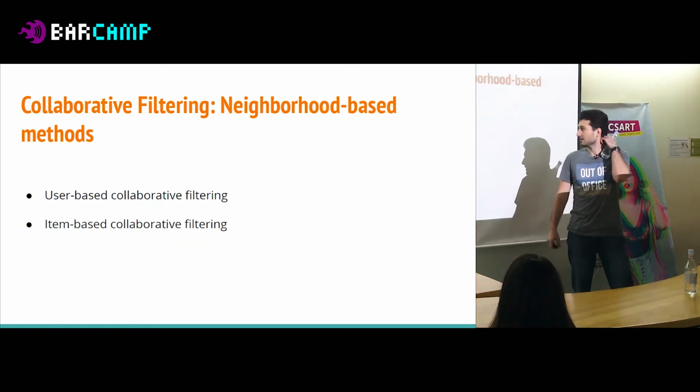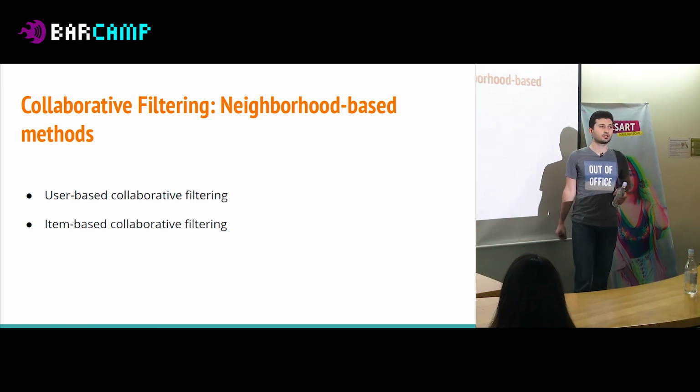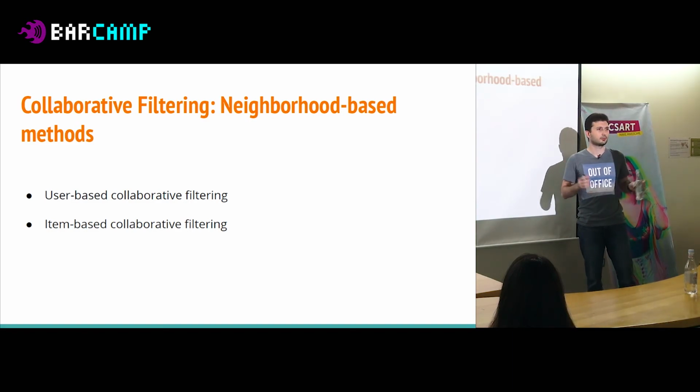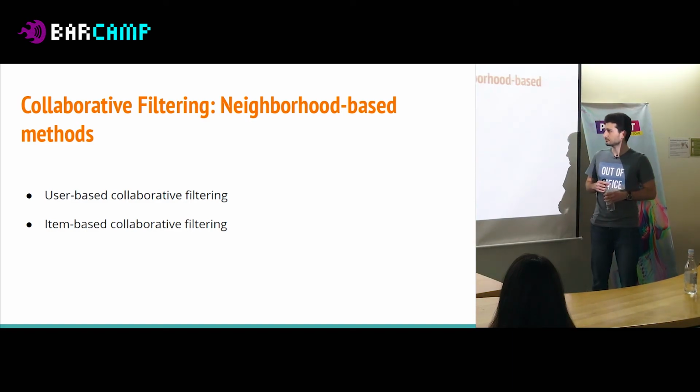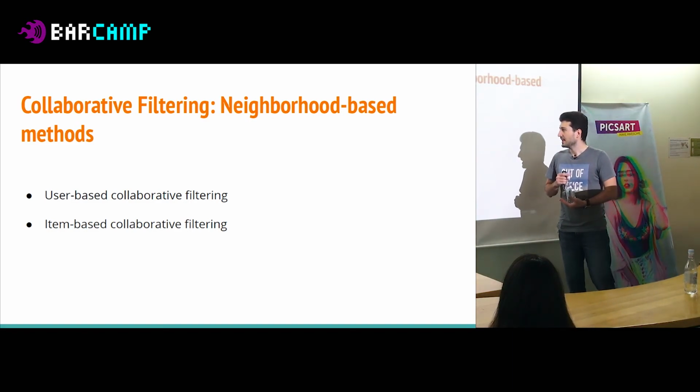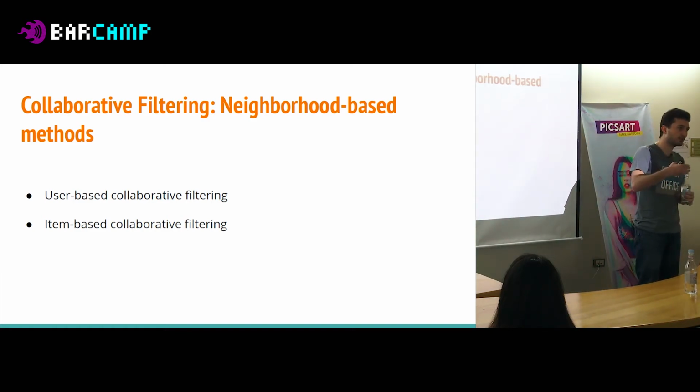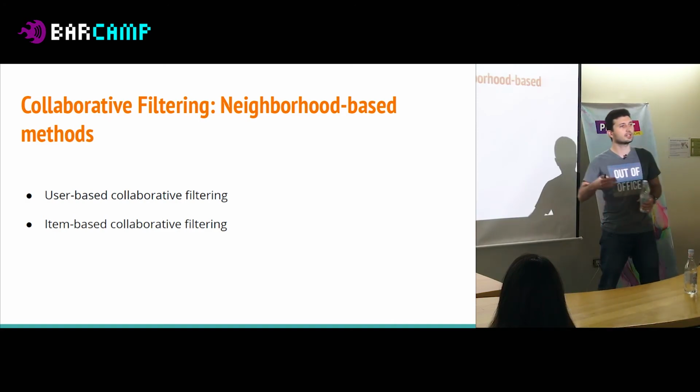OK, so the neighborhood-based approaches are the earliest. And they used to be popular maybe, I don't know, maybe 15, 20 years ago. They are based on the idea of calculating similarity between users or between items.